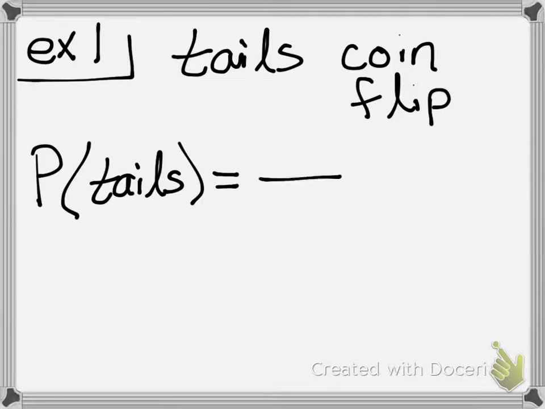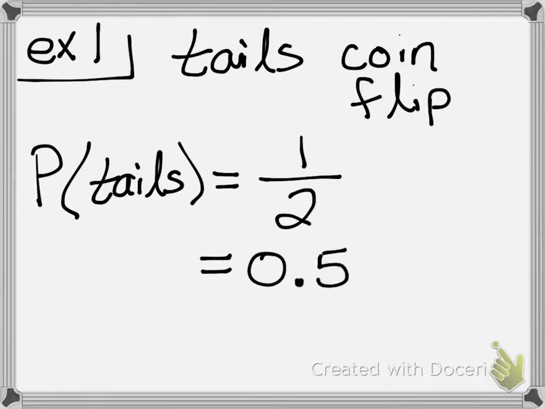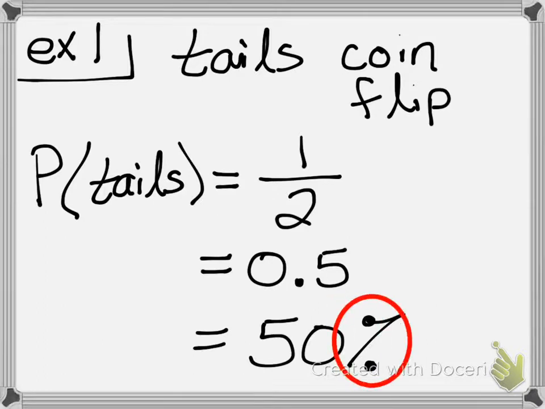Now, on a coin, the total, there are two possible outcomes, tails or heads. And there's only one tails. So the probability of us getting a tails is a 1/2 chance. Or you can write the decimal or the percentage. If you write the percentage, you better include the percent sign. Don't leave it off.